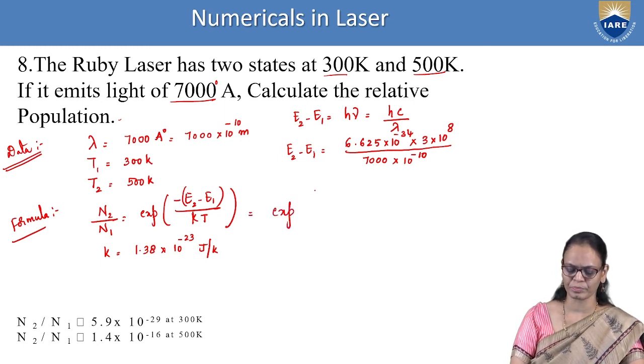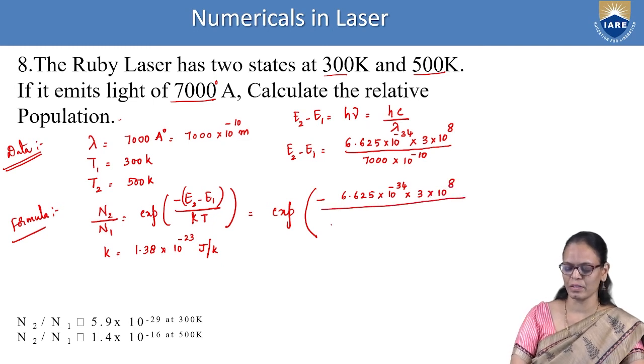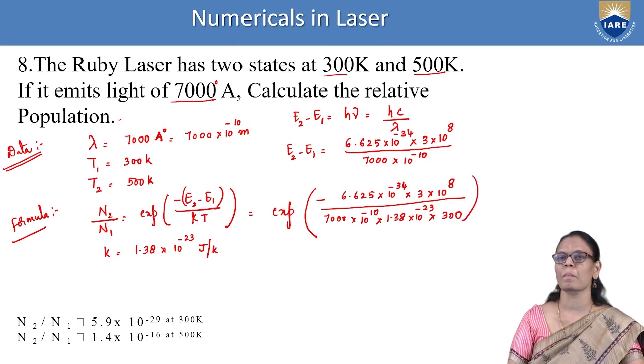Exponential minus 6.625 into 10 power minus 34 into 3 into 10 power 8 divided by 7000 into 10 power minus 10 into kb 1.38 into 10 power minus 23 into, for the first temperature we have 300.